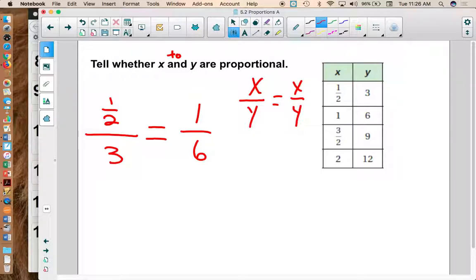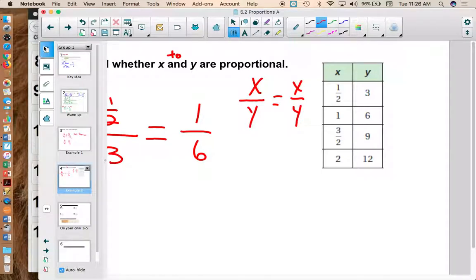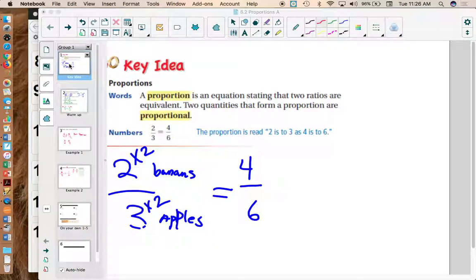I agree, but if we go back to, by definition, a proportion is an equation stating that two ratios are equivalent. Two quantities that form a proportion are proportional. The two quantities here are 2 and 3. Does it form a proportion with 4 and 6?